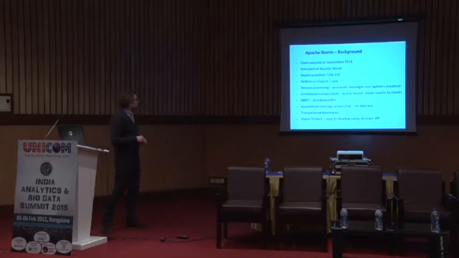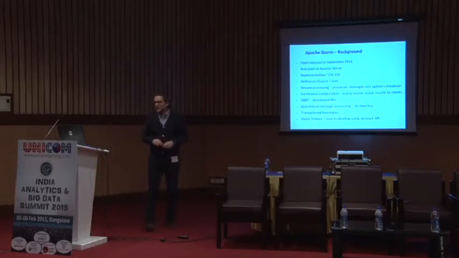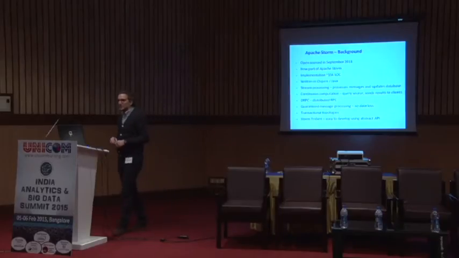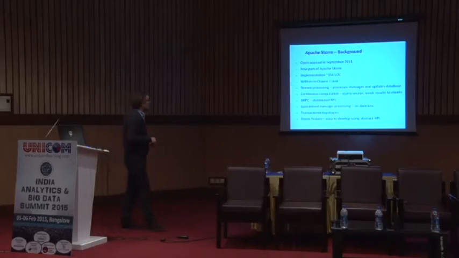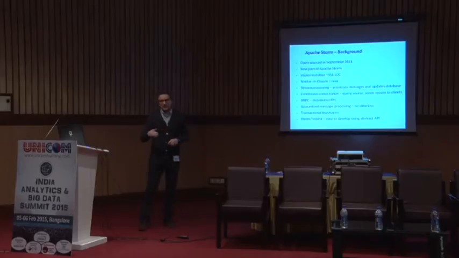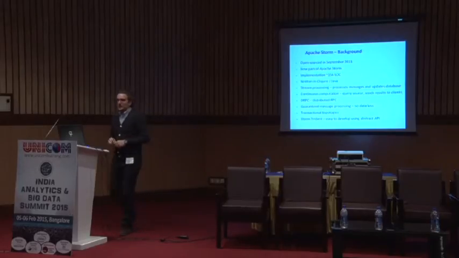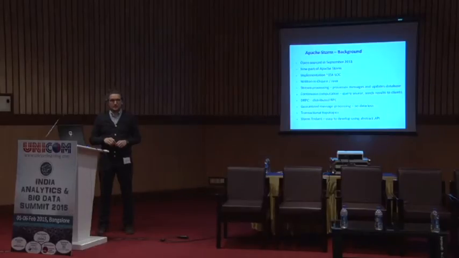So a bit more background on Apache Storm. It was open sourced in September 2011. After some time, Twitter acquired the developers of Storm, and it was developed later inside Twitter. Nowadays, it's part of the Apache Foundation, so you will find it under the name Apache Storm.